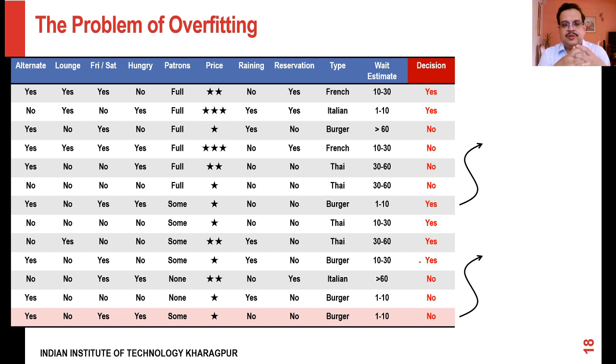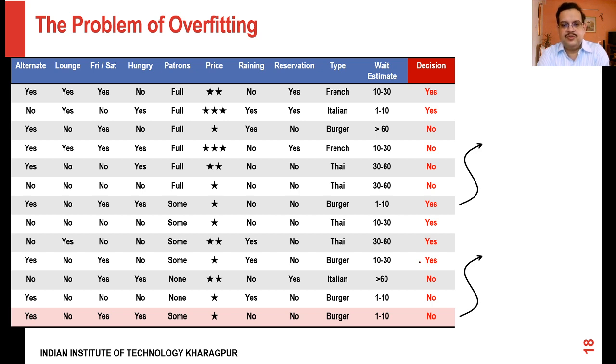The attribute which gives the maximum information gain is chosen as the next attribute, and then the samples are distributed across the branches depending on the value of that attribute. Then recursively, on each of those branches which still do not have all yeses or all nos, we apply the same algorithm to choose another attribute to again increase the information gain.